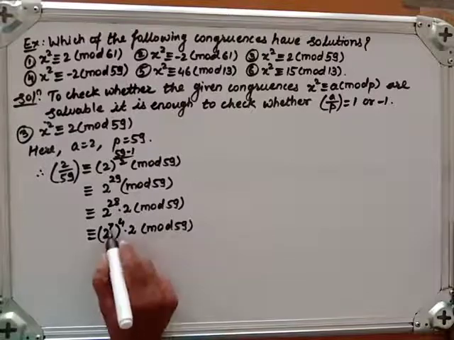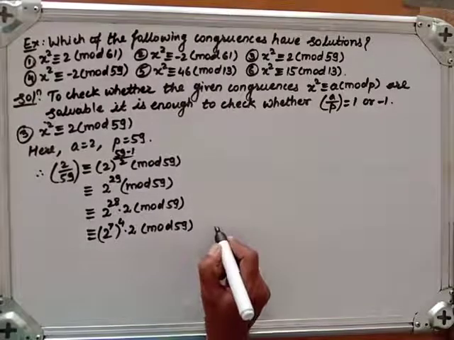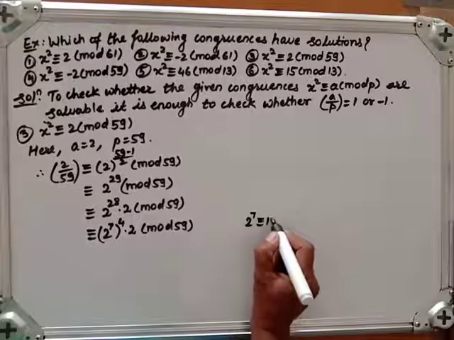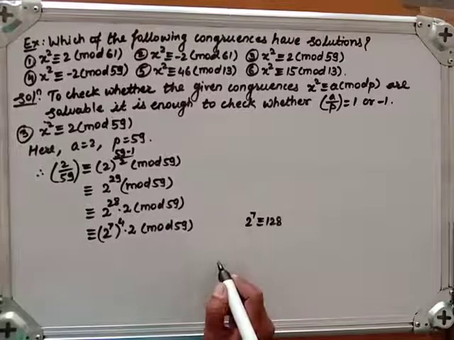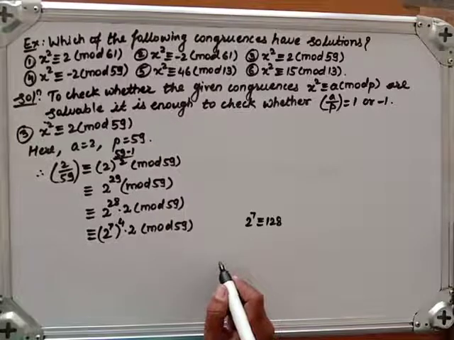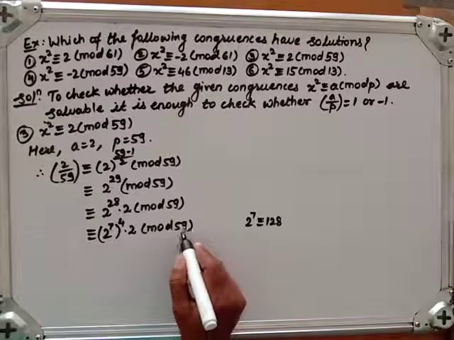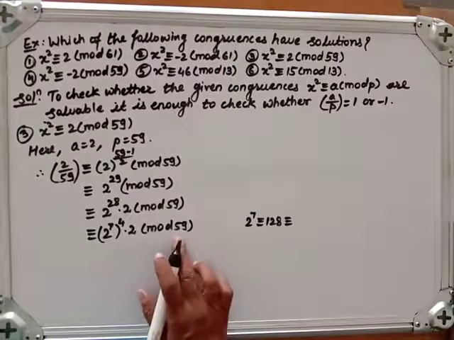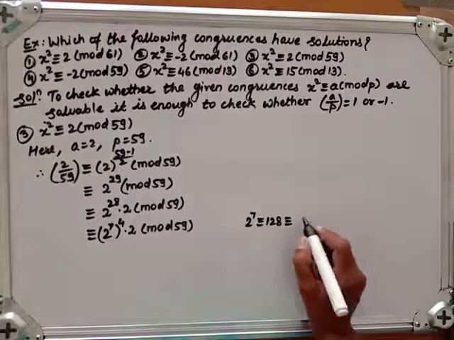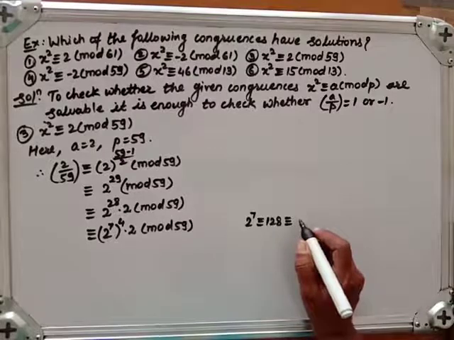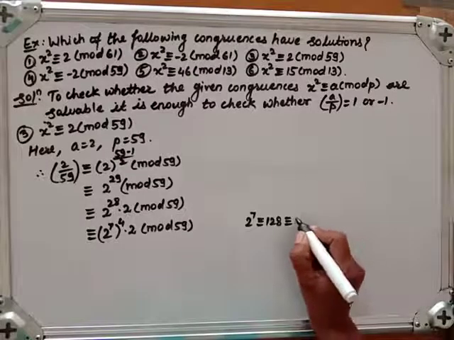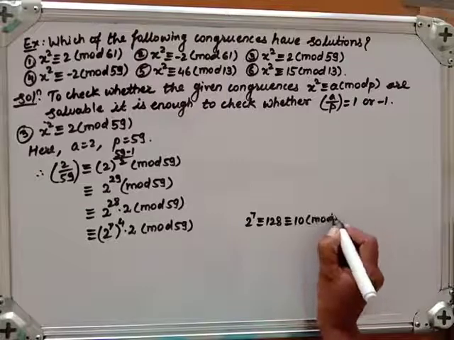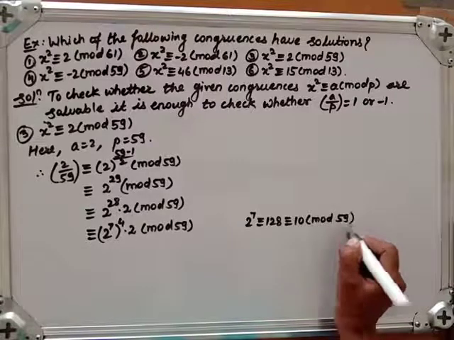Now let's find out what is 2 raised to 7. 2 raised to 7 is nothing but 128. 128 congruent to what? Modulo 59. Let's find out the remainder here. So the remainder is 10. It will be 10 modulo 59. Fine.